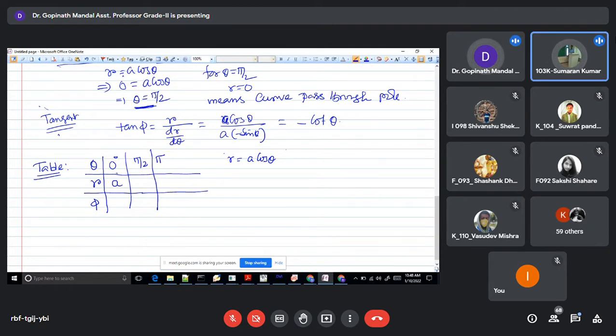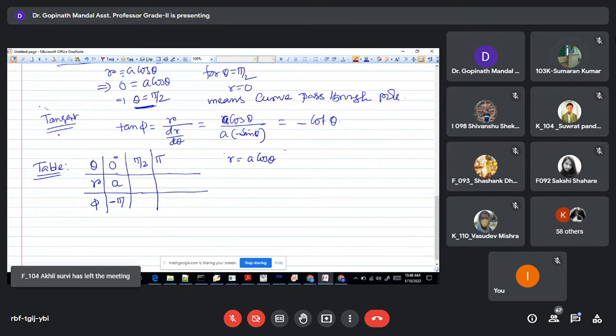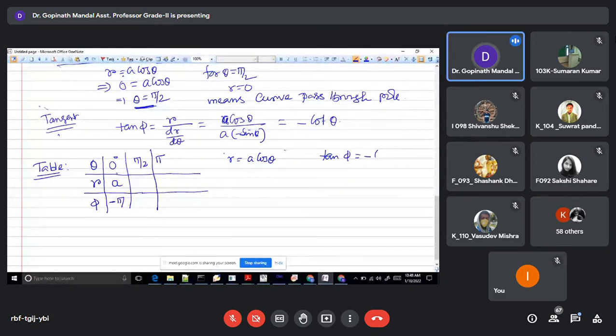And phi: tan phi equal to minus cot theta, so for pi by 2 it is minus cot pi by 2, that is minus infinity.